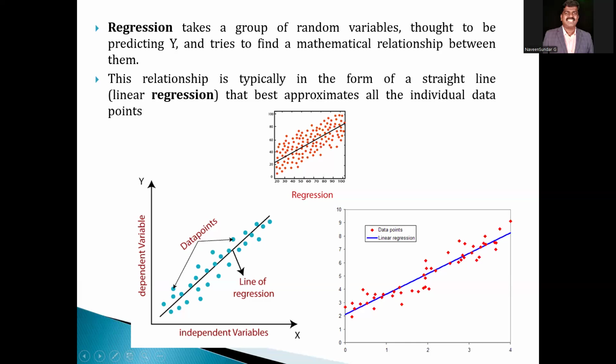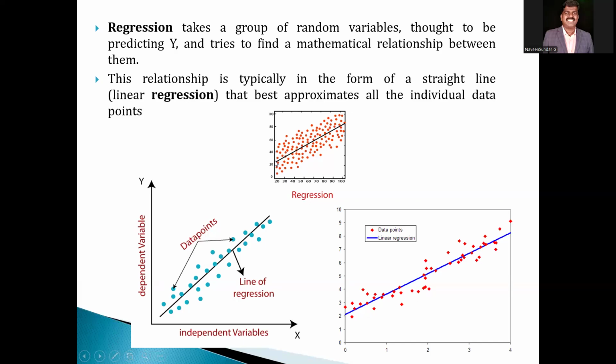The starting point may be 0, or 20, or 2, and according to that, the slope of the regression line also varies. That is what we are going to find out. All these dots we call data points. Got my point? These are the data points, and this is the regression line.